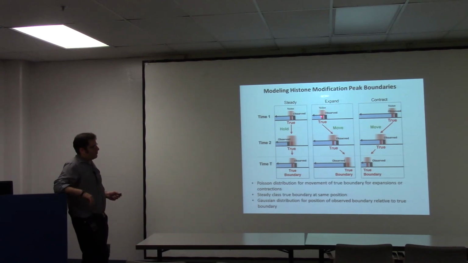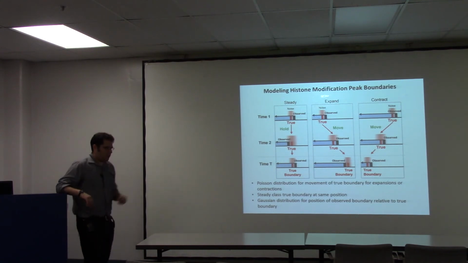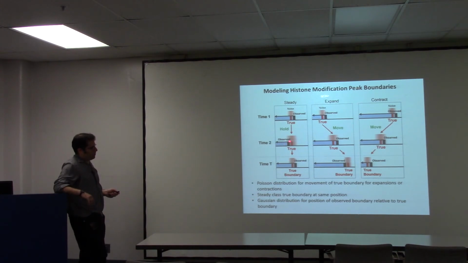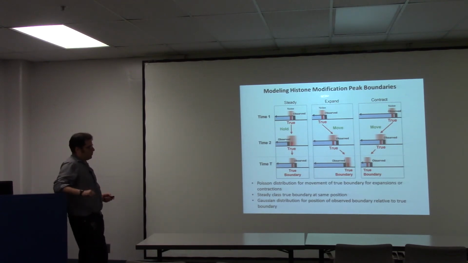If it was an expansion on the right edge, it would move to the right. If it was an expansion on the left edge, it would move to the left, and vice versa for contraction. Then we use a Poisson distribution to model how much it would move between time points, and the rate of that Poisson can vary between time points. And then we assume a Gaussian distribution for the noise of where we actually observe the peak boundary relative to where it actually was. Again, the parameter of the Gaussian variance can also be time point specific.